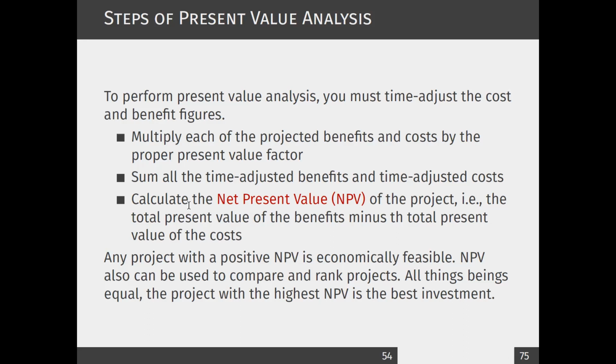Then you calculate the net present value, which is the total present value of the benefits minus the total present value of the costs. When you calculate this value, if you get a positive value, we say it's feasible. And if two projects are otherwise the same, then we go for the highest NPV.